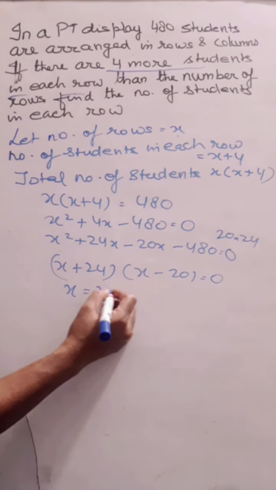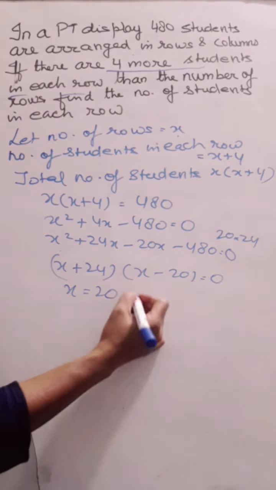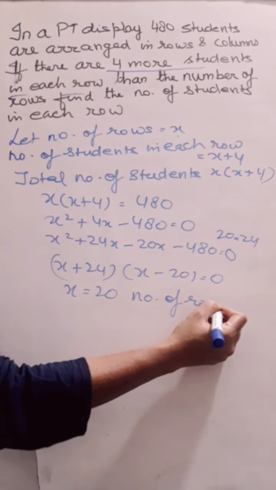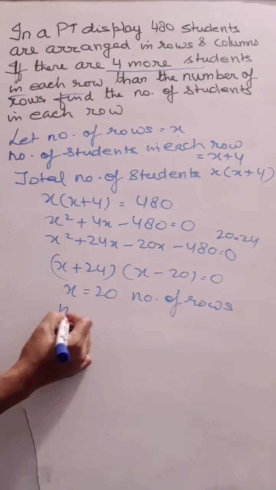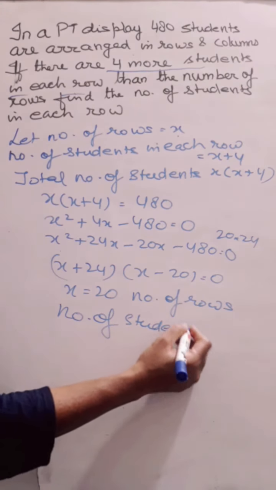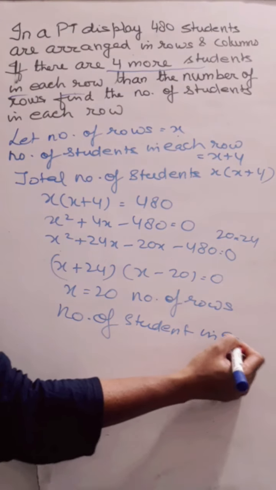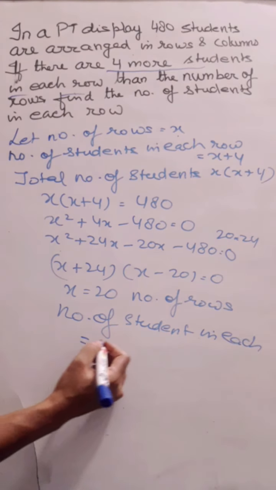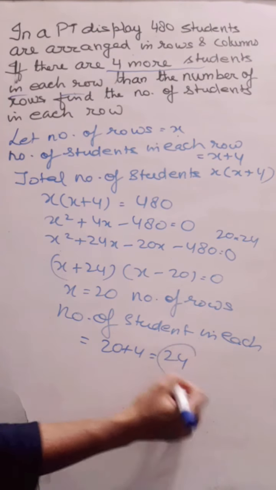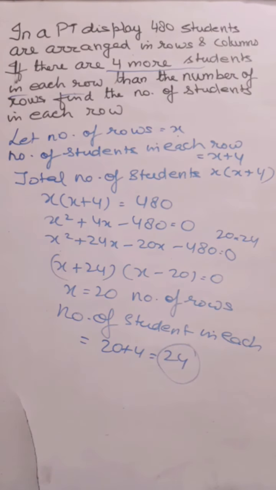So x equals to 20 is your number of rows. Now the number of students in each row, we have taken x plus 4, so it will be 20 plus 4, that is 24. So this is our required answer.